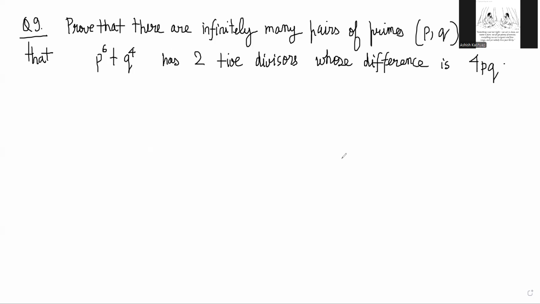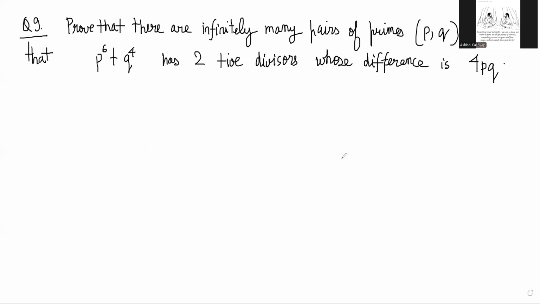Okay, right. There are infinitely many pairs PQ of primes such that this thing has two positive divisors whose difference is 4PQ.